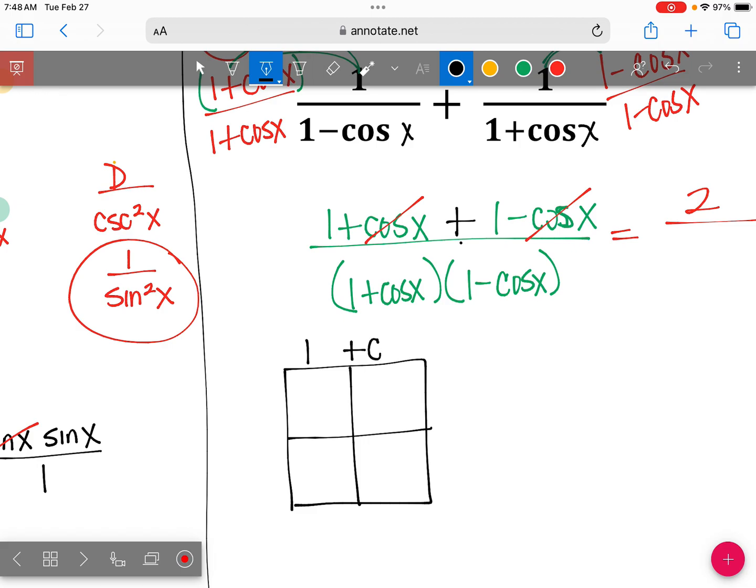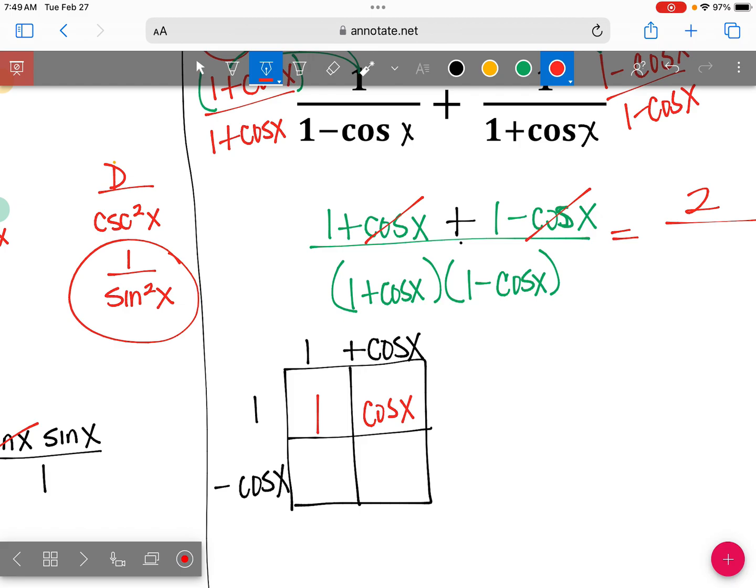So we're going to make our box this one time. So let's make our box and multiply this out. We're doing really good on time, actually. So when I multiply the 1 times 1, I get 1. 1 times cosine is just going to be cosine.